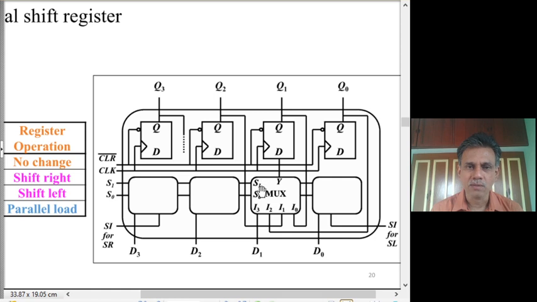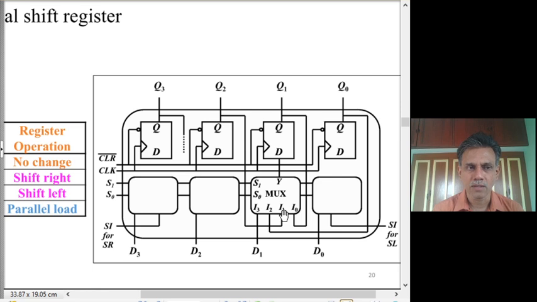0, 1 means I1 will be selected. We have to shift right, which means that Q2 should go and get stored in Q1. So to the I1 input of this mux controlling this Q1, we should take the output from the Q2. So Q2 is being taken and given to this I1.